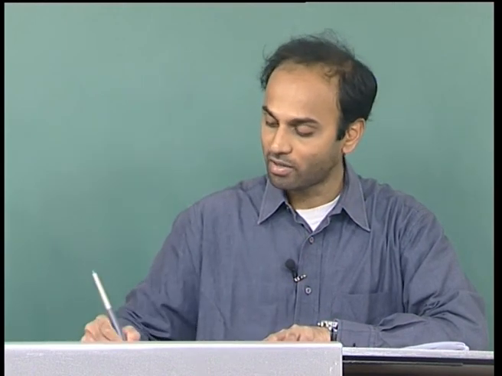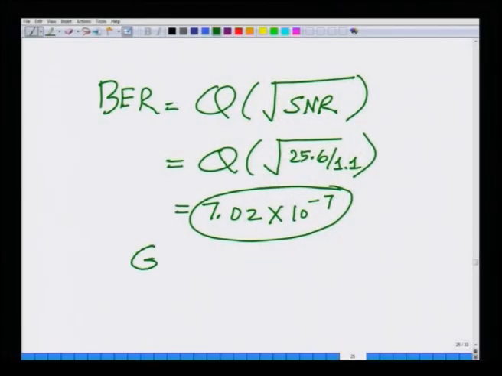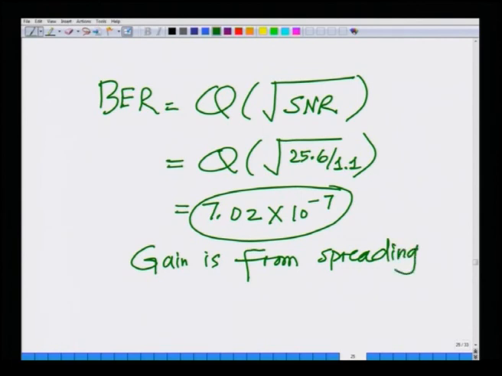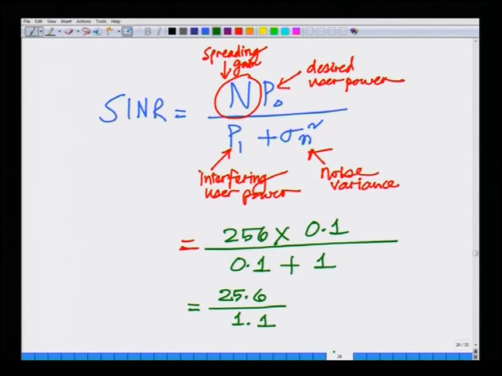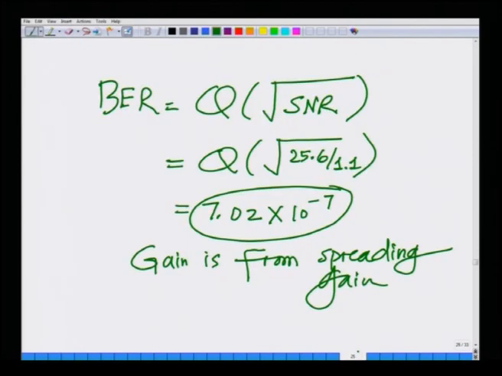That is coming from the CDMA spreading sequence, that is, the remaining gain is from the spreading gain. If you look at this expression, I have this spreading gain that is causing this enormous 24 dB gain, which helps me achieve a bit error rate of 10 to the power of minus 7 even with a transmitter power of minus 10 dB.